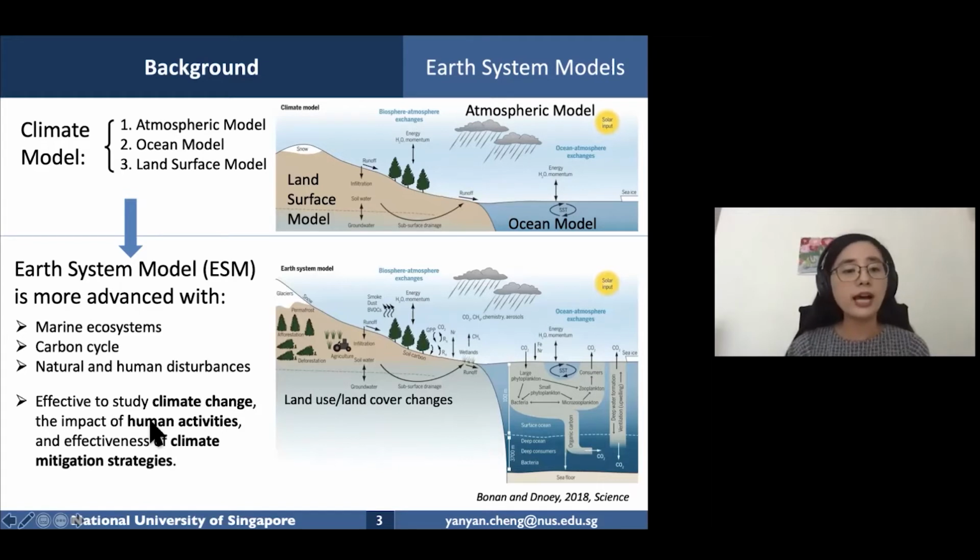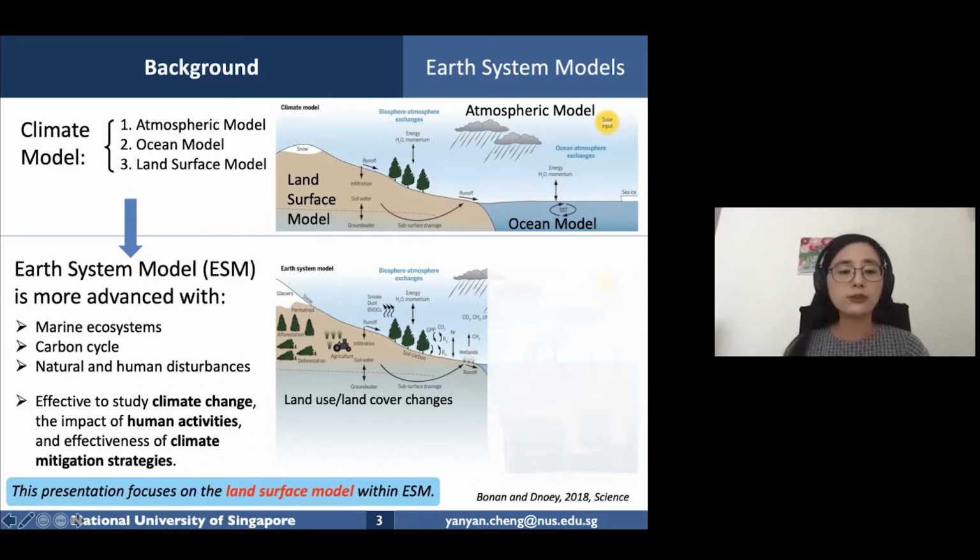These more advanced Earth system models are more effective to help us study climate change, the impact of human activities, and also the effectiveness of the various current climate mitigation strategies. But the Earth system model is very comprehensive, with so many components. So for this presentation today, I will mainly focus on the land surface model within the Earth system model.